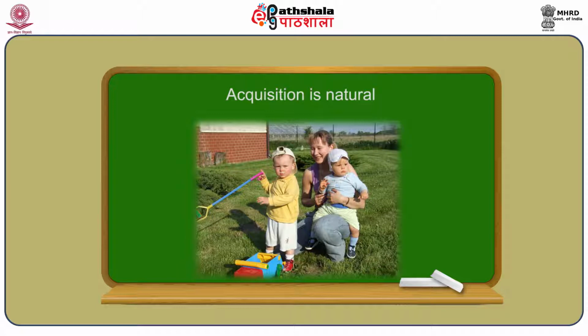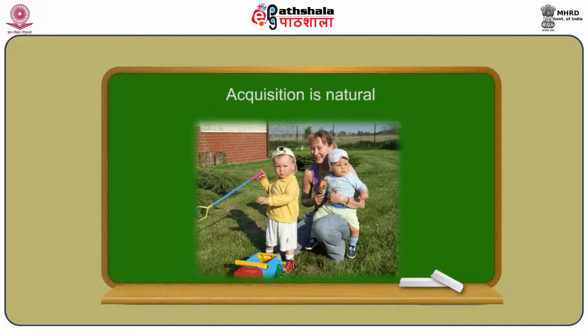Similarly, you automatically acquire the languages that are around you with just a small trigger, the small input, just as you have input of light to be able to see in darkness and space, or the input of some kind of support to be able to walk to begin with, etc. Similarly, you need some kind of support system, some kind of support trigger to acquire your first language. So that is called language acquisition.